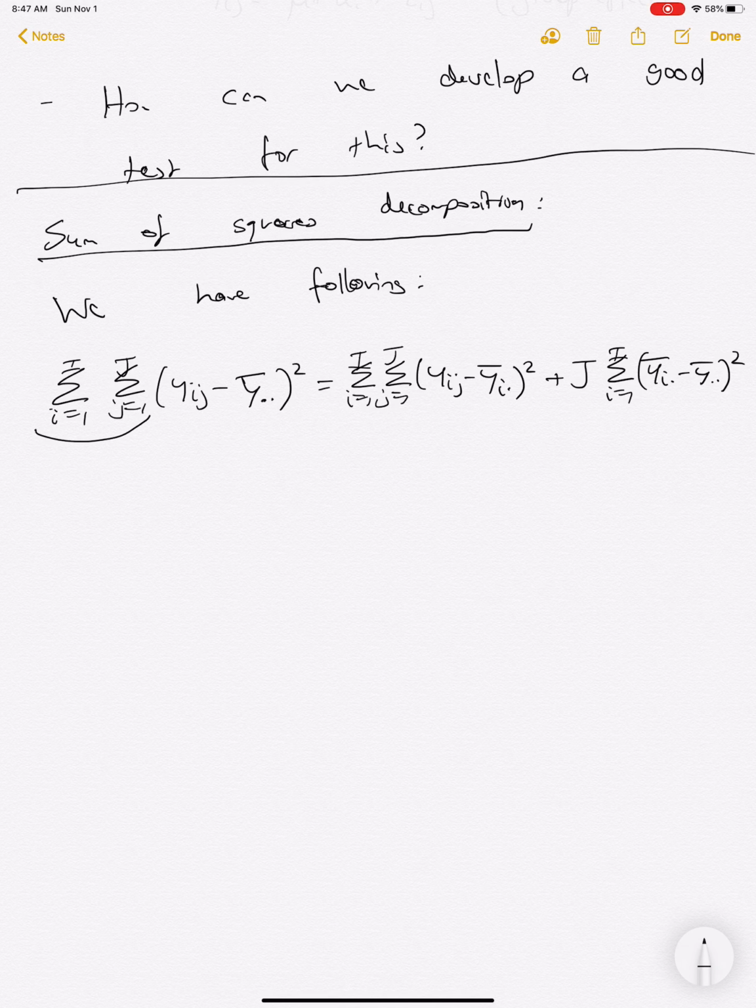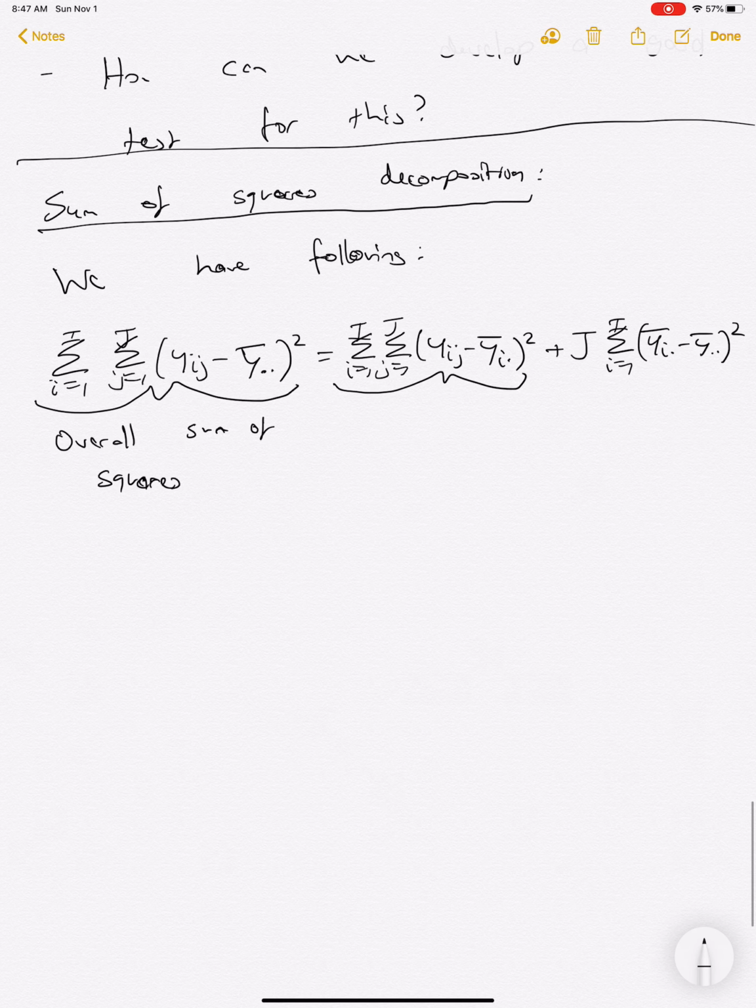This is the overall sum of squares. So it looks like it's very related to the variance of a sample. If we treated all ij's as just one big sample, it's very closely related to how we would estimate the variance for that.